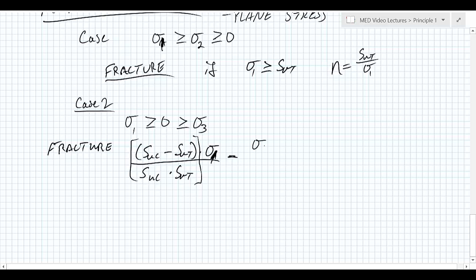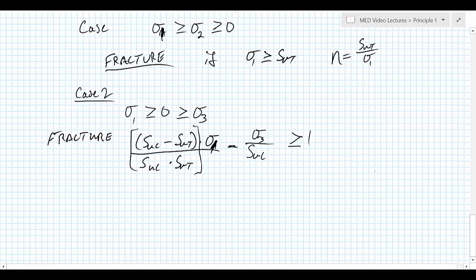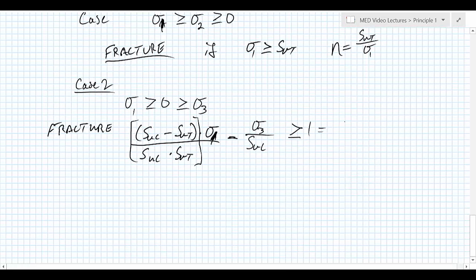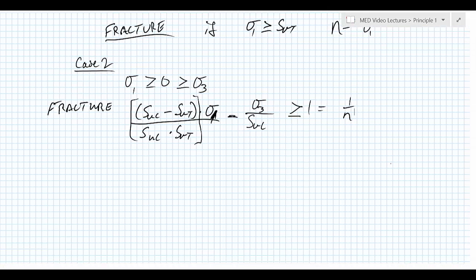Minus the most negative one divided by the ultimate strength in compression. If this ratio is greater than or equal to 1, then we will have fracture. It's equivalent to, we could come up with the 1 over n in that situation. So how far it is away from 1 is our factor of safety.